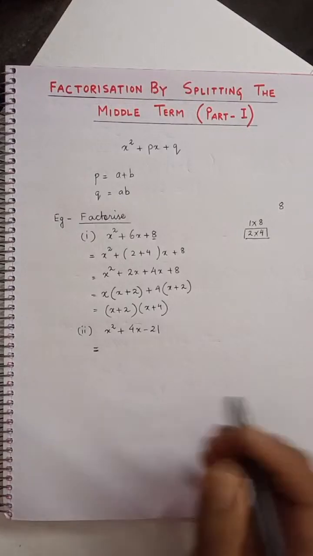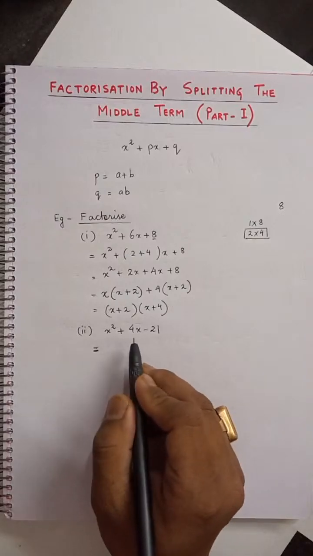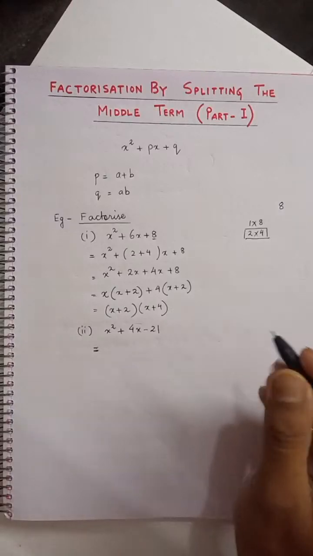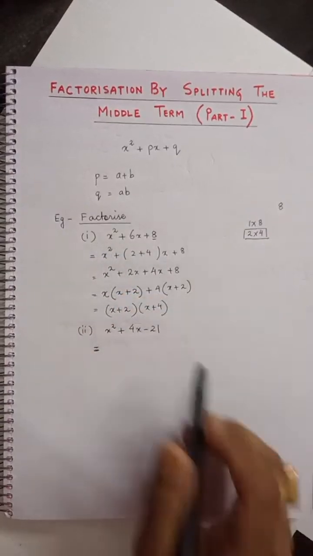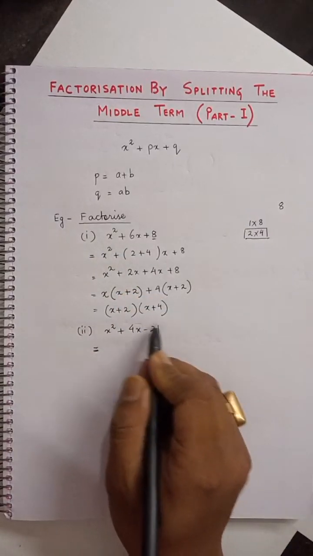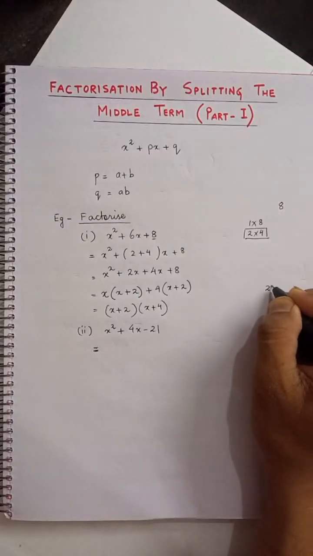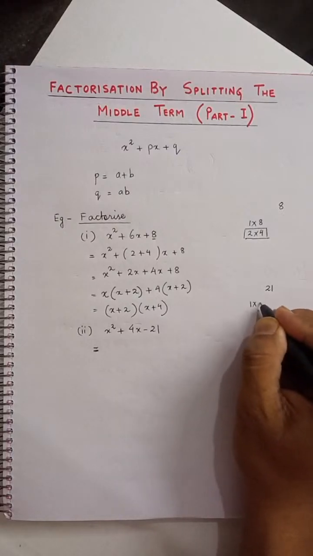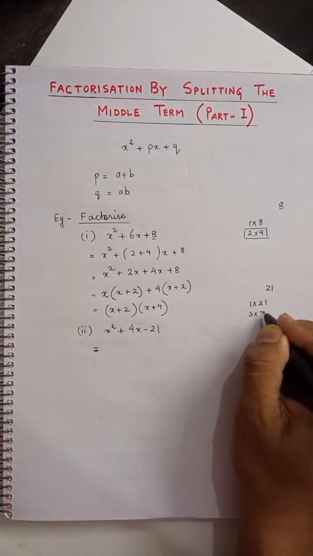Okay. So moving on to the next expression, x square plus 4x minus 21. Like the previous question, where we had all the terms positive, here the constant term is negative. No issues. We'll target 21 again. 21 can be obtained by multiplying 1 and 21, and 3 and 7.